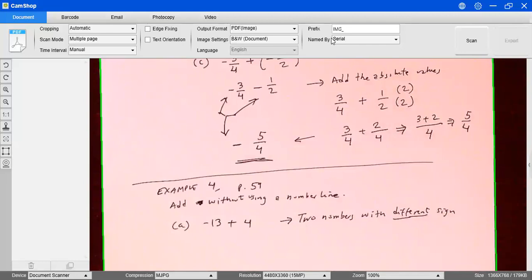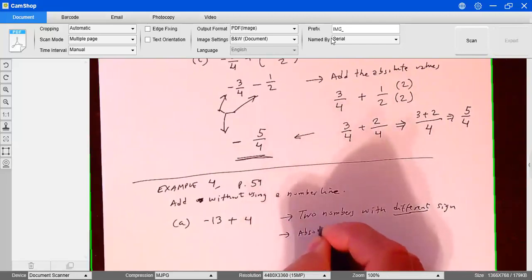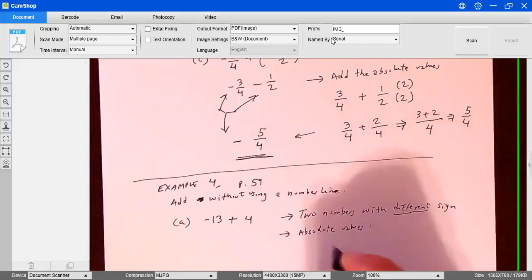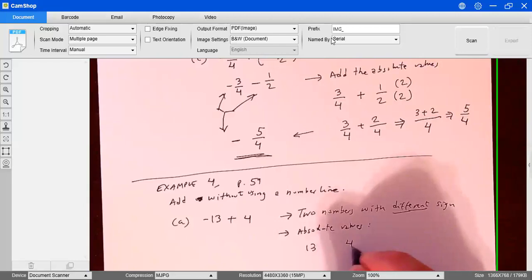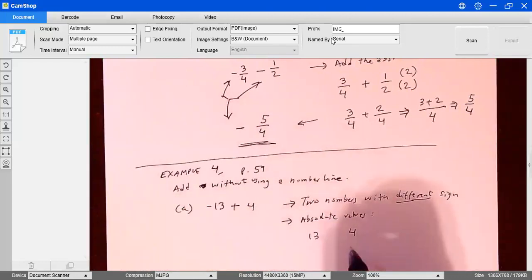So in this case, let's write the absolute values first. The absolute values are 13 and 4. We don't care about the sign, so remove the sign and you get the absolute value. Then you're going to subtract the smallest from the greatest.